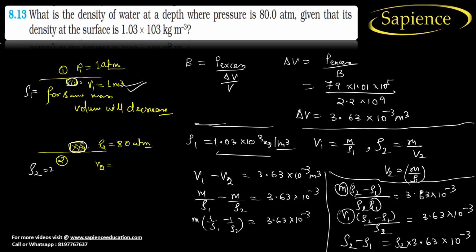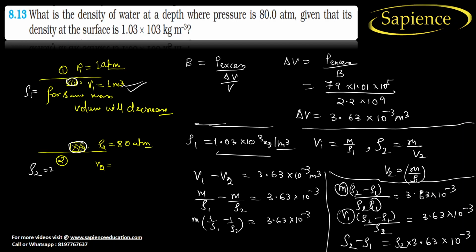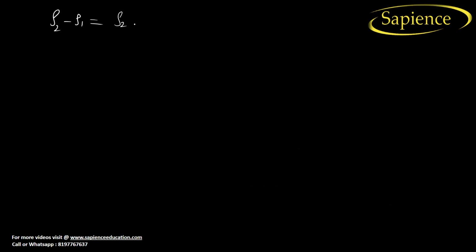So if we do this calculation, rho 2 minus rho 1 is equal to rho 2 into 3.63 into 10 to the power minus 3. If you take rho 2 common, this will be rho 2 times (1 minus 3.63 into 10 to the power minus 3), which is equal to rho 1.